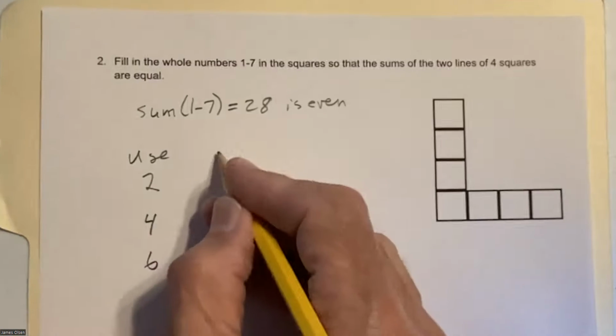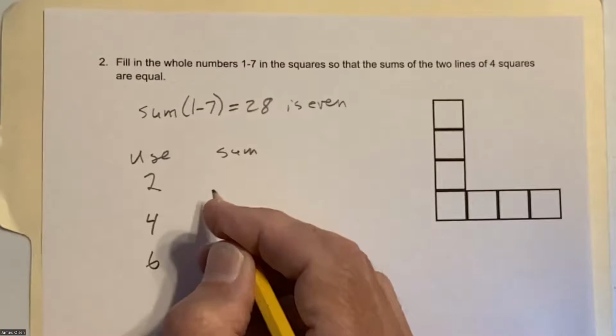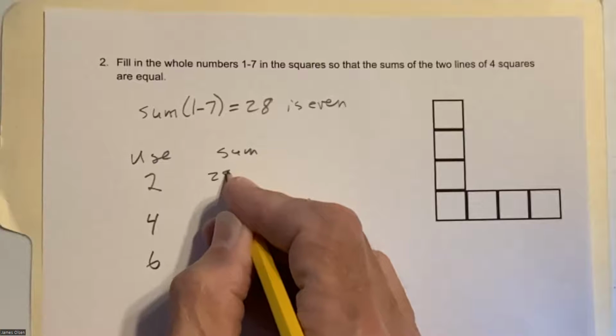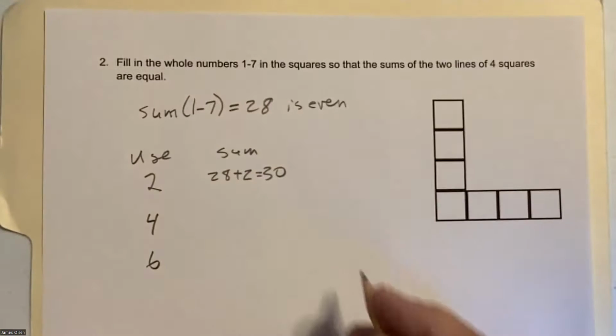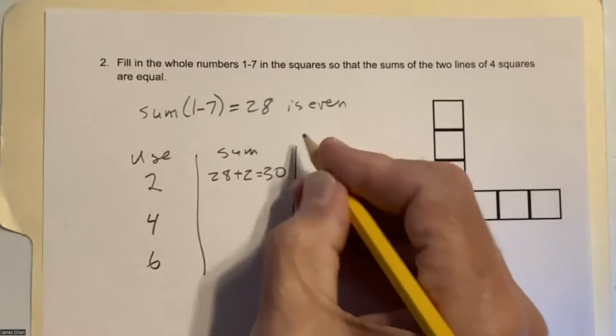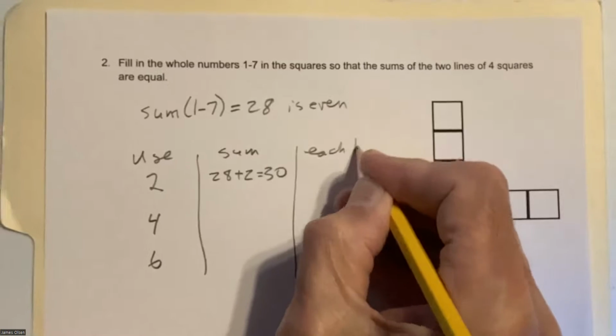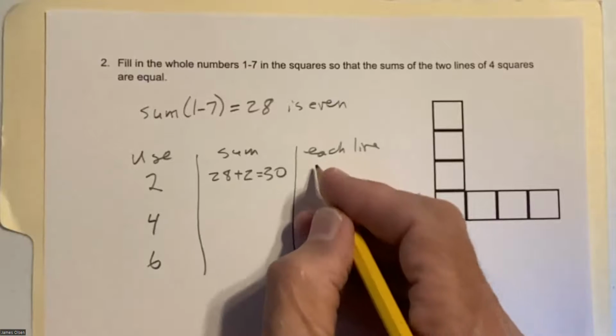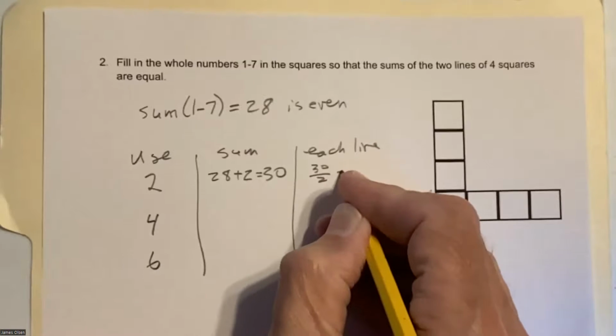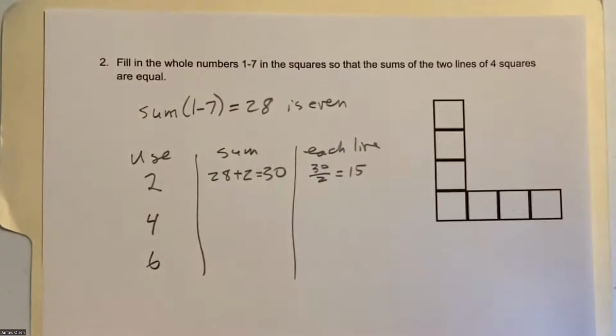The sum now is 28 plus 2, which is 30. And then each line will be 30 divided by 2 because I have 2 lines this time, which is 15 in each line.